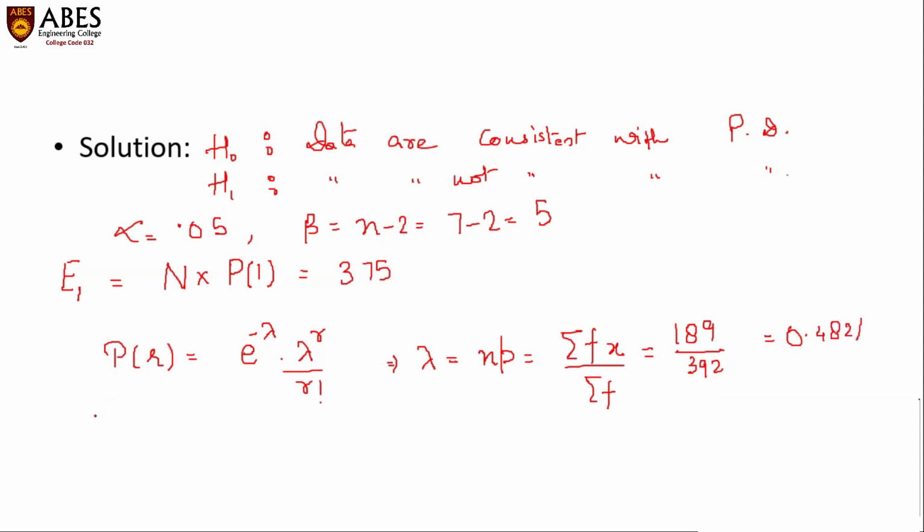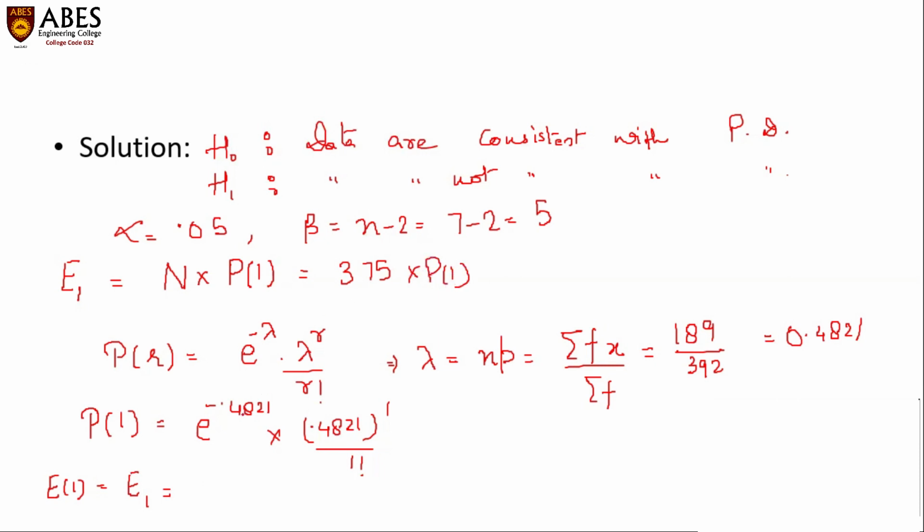Hence, P1 will be equal to e raised to the power minus 0.4821 into 0.4821 raised to the power 1 upon factorial 1, right? And therefore, E1 will be equal to 375.